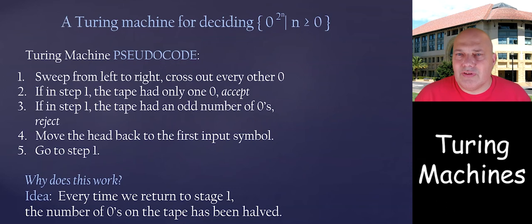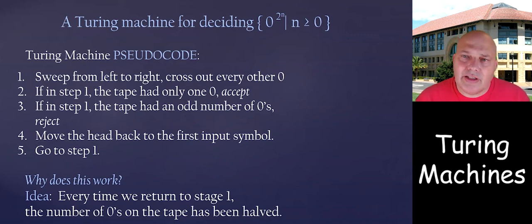If your input string is 0 to the 2 to the n, after one round, it's going to be 0 to the 2 to the n minus 1 zeros, and we'll continue in every round, halving the number of zeros. At the end, we'll stay with a single zero, and with a single zero, we're going to accept.